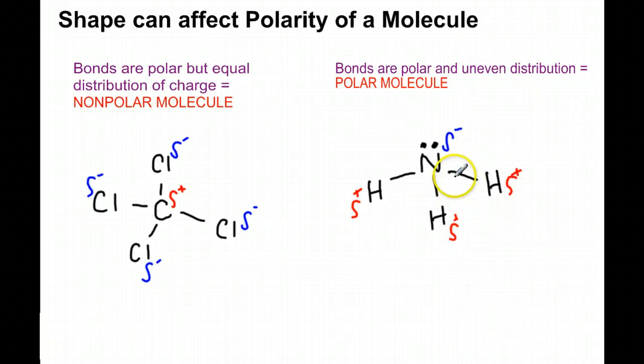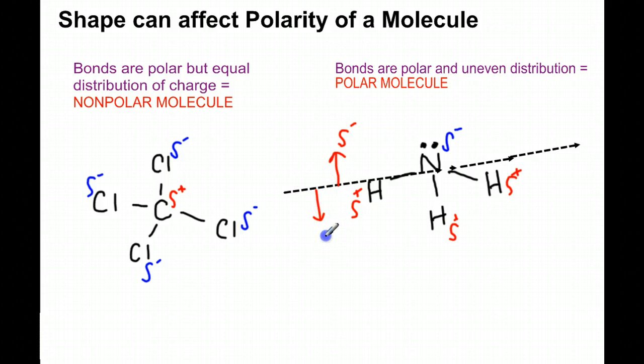So if you look at the distribution of this, we can draw a straight line sort of through our molecule, and on one side of that straight line we have a partial negative side, and on the other side of it we have mostly partial positive charges.